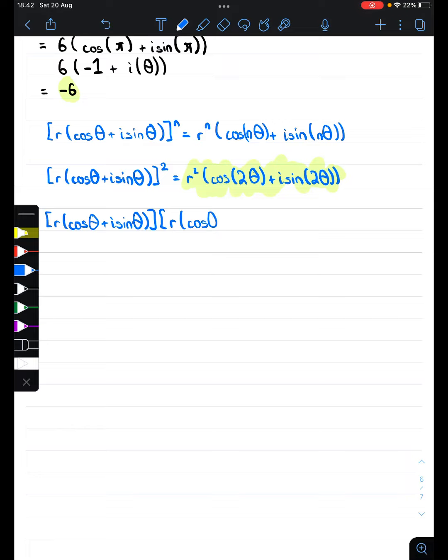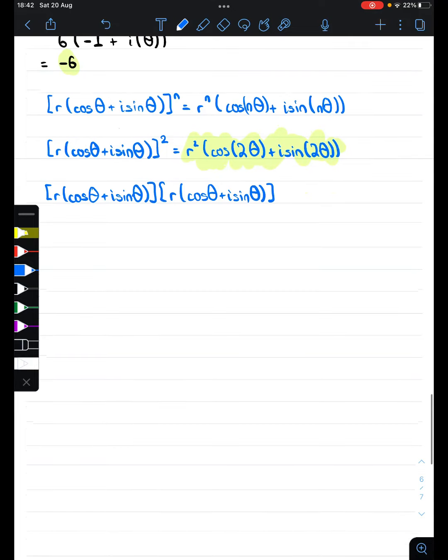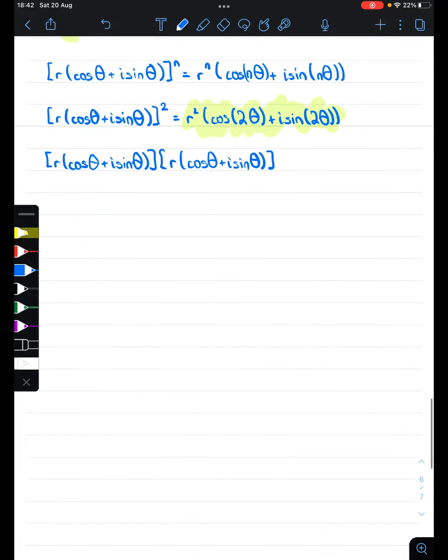And if we did our multiplication way, this would be the product of the magnitudes, which is r squared, and then add the angles, so theta plus theta, which of course is just r squared cosine 2 theta plus i sine 2 theta.